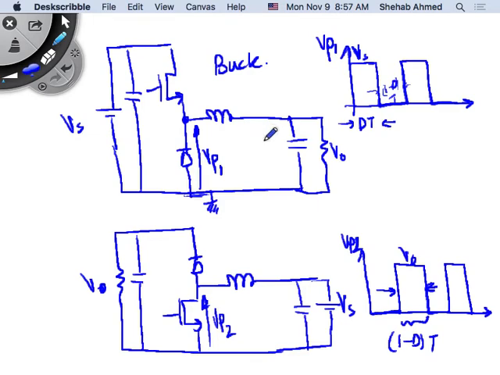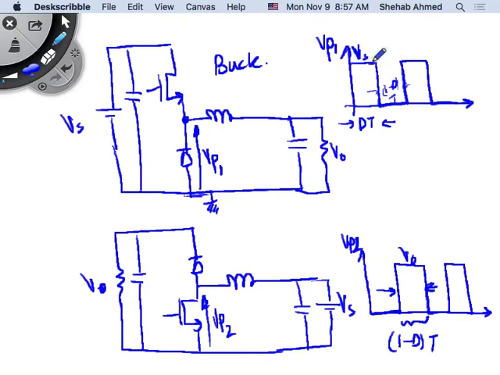On the other side of the inductor, the AC component of this voltage will drop across the inductor, and the average will be here. So the average value of this waveform is what? Again, this is a square waveform. What's the average value of any square waveform?